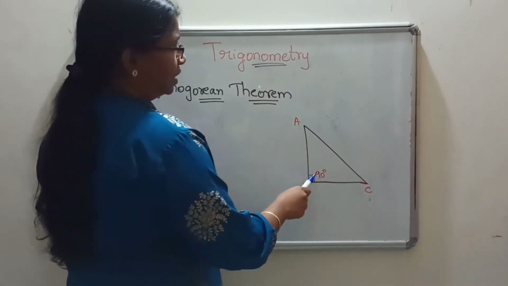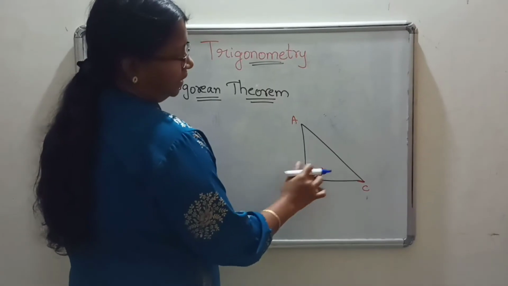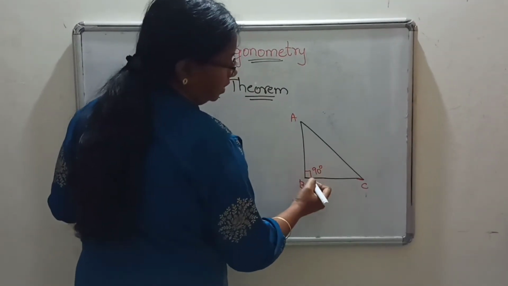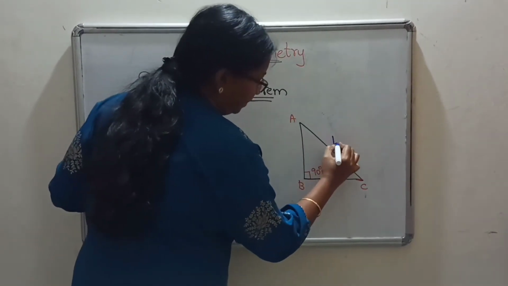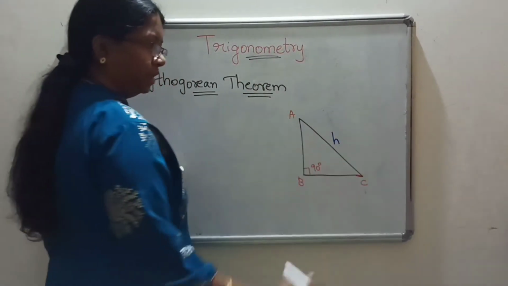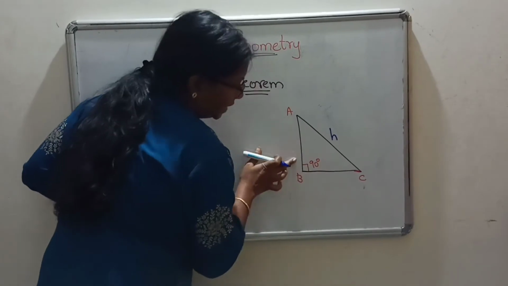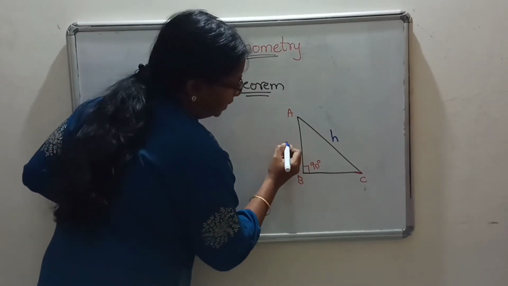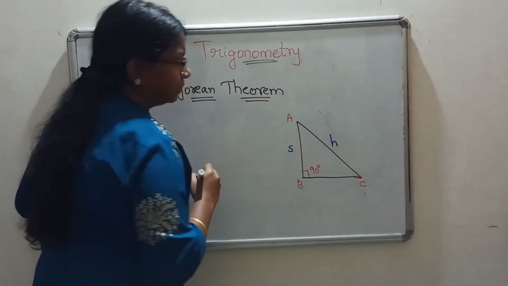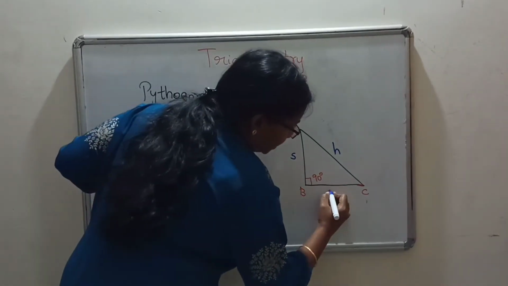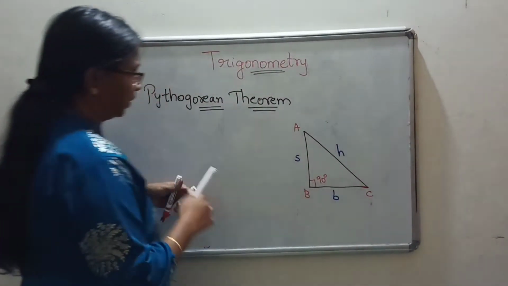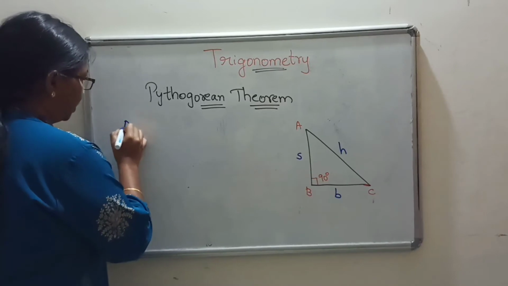The side which is completely opposite to the 90 degrees angle, the right angle, is called the hypotenuse, which we can name H. The side which is adjacent to the 90 degrees is called the side, and the other one is called the base. You all know the Pythagorean formula, right?